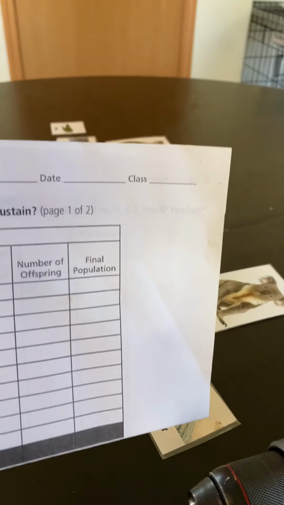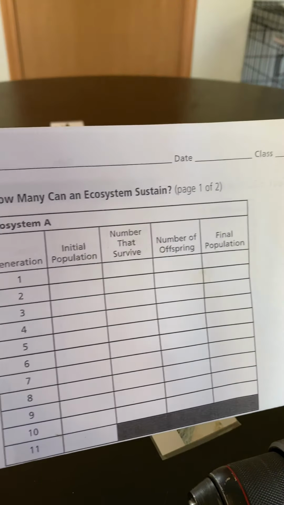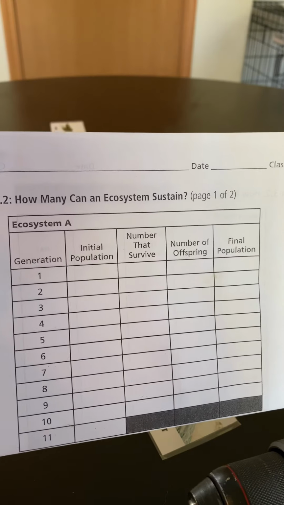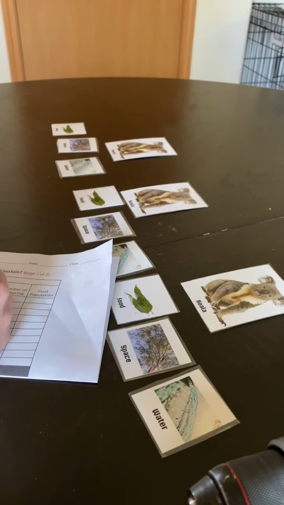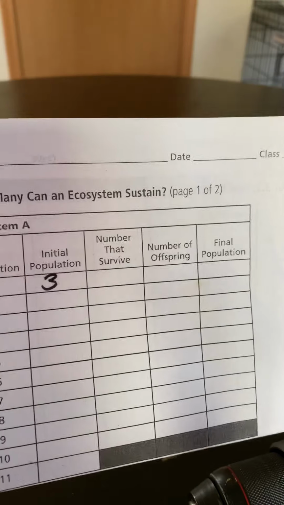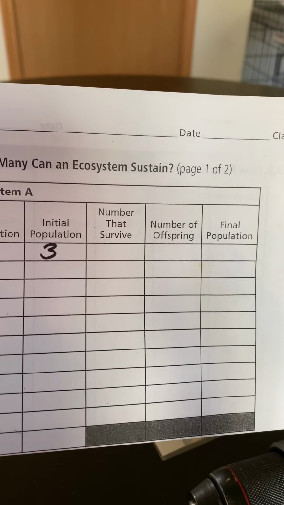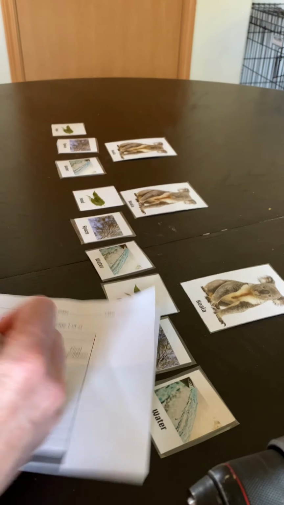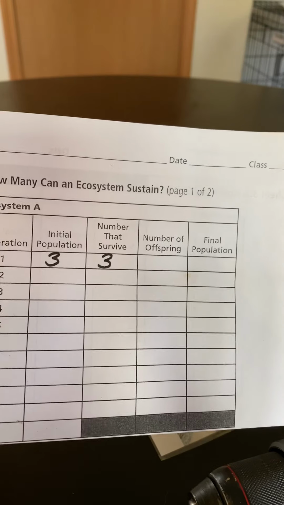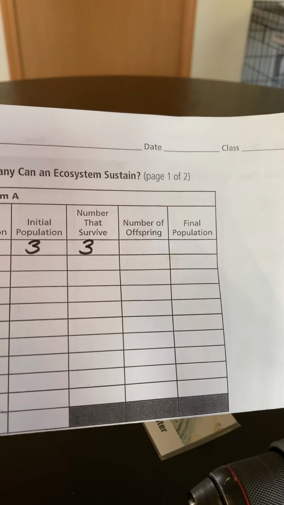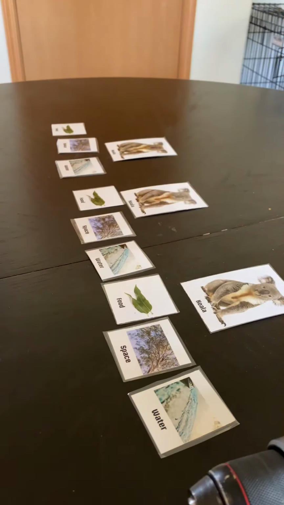So on my form, in my first generation, my initial population is going to be 3. And I see that all of them survive. So I'm going to put 3 survive. And the number of offspring. So every 2 koalas will produce an offspring.